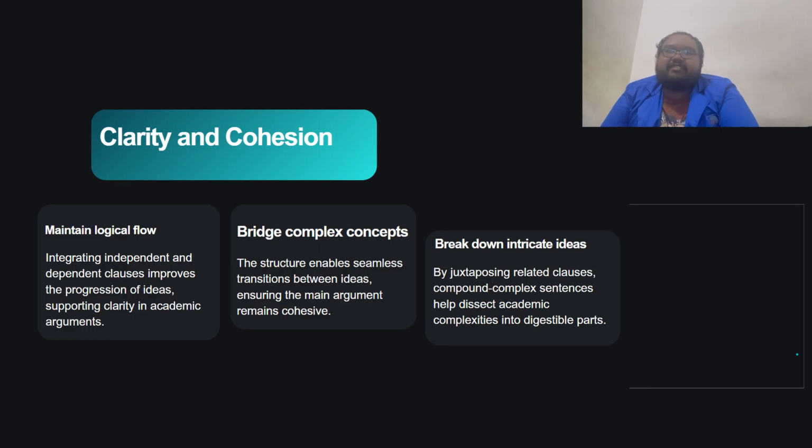With complex concepts, the structure enables seamless transition between ideas, ensuring the main argument remains cohesive. Break down intricate ideas by juxtaposing opposing or related clauses. Compound complex sentences help dissect academic complexity into digestible parts.